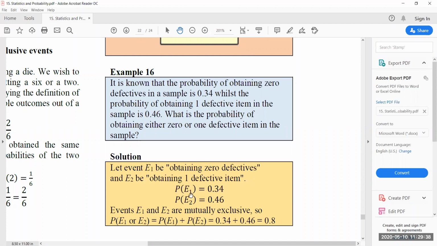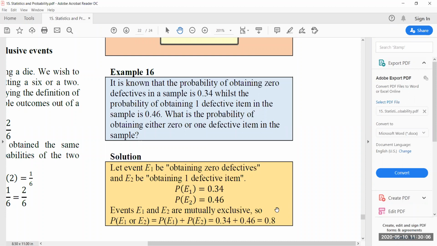So P of E1 is 0.34 and P of E2 is 0.46. Remember, it's P of E1 plus P of E2, so we just simply add them. 0.34 plus 0.46 gives us 0.8. So the probability of obtaining either 0 or 1 defective item in a sample is 0.8.